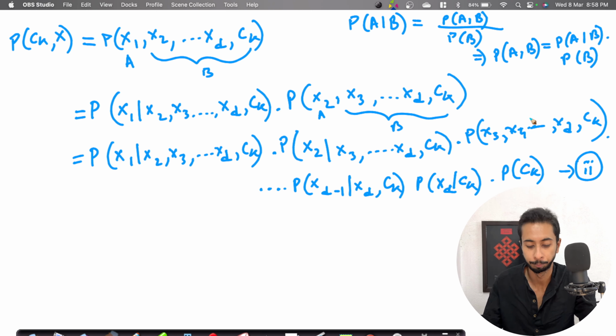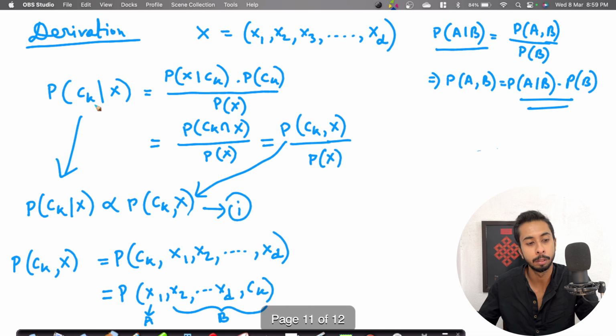This is what I will get. Now once I have got this, what do I need to do? This is very complicated. This is what I need to find out in order to get this. This is basically p of ck given x.